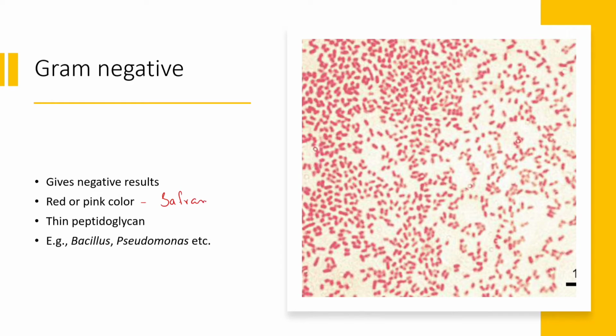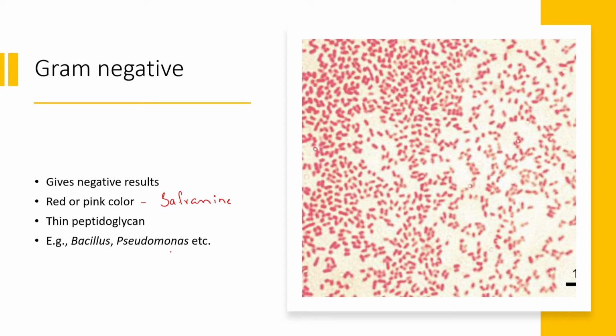Now, gram negative bacteria. Gram negative bacteria are those bacteria that give negative result in gram staining procedure. These bacteria are red in color because the organism cannot retain the crystal violet stain after the decolorization step. Their peptidoglycan is much thinner than gram positive bacteria.